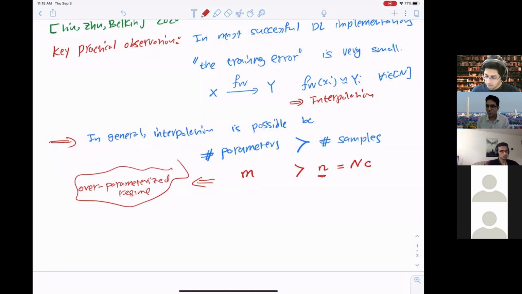And in fact, our intuition from classical results of bias-variance trade-offs may indicate that you now have a lot of parameters and few training samples. Then even though your training loss is small, your test loss or your validation loss is going to be huge, and you are going to suffer from overfitting.